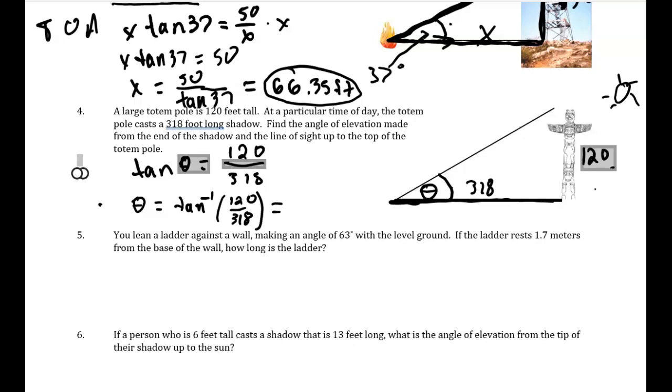Let me throw that into the calculator for you real quick. So second tangent is what we type in, and then 120 divided by 318, and we should get 20.67. All right.